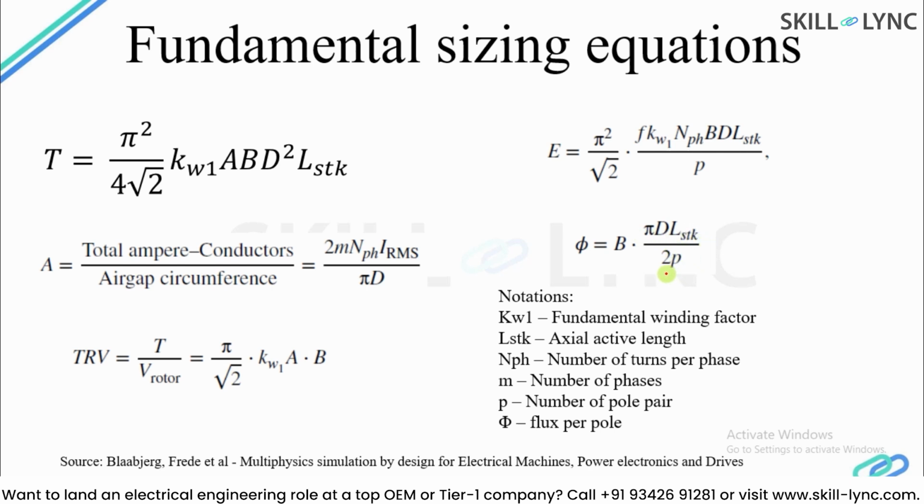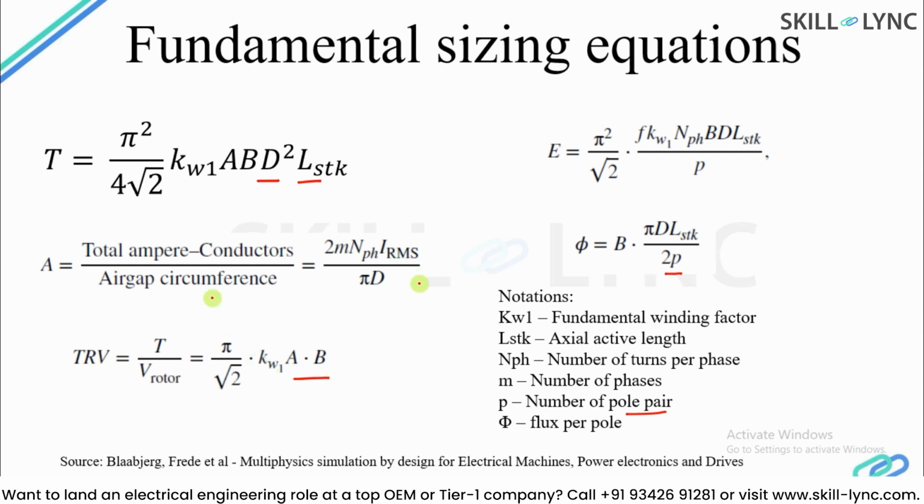Here we are representing P as the number of pole pairs, and 2P will be equal to the number of poles. So this is the equation for the flux per pole and EMF induced in the winding, and based on this fundamental sizing equation you can finally decide about the D, L, A and B values.